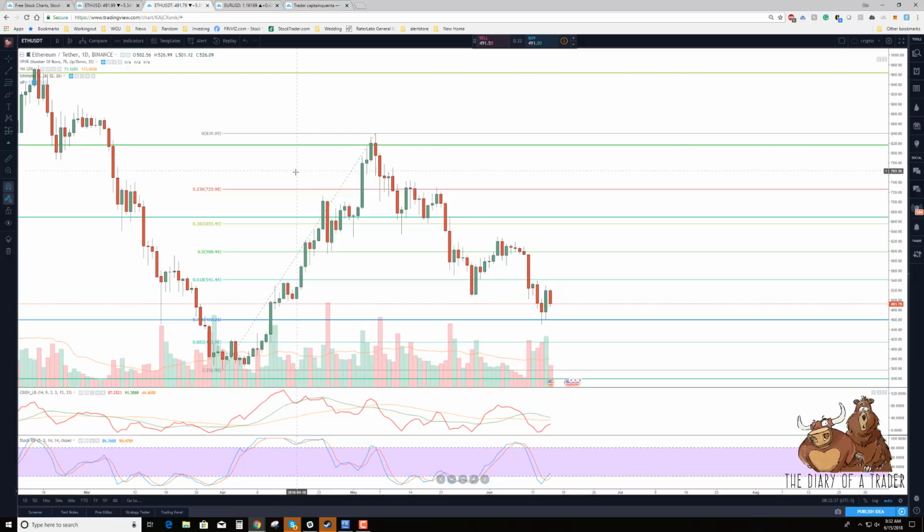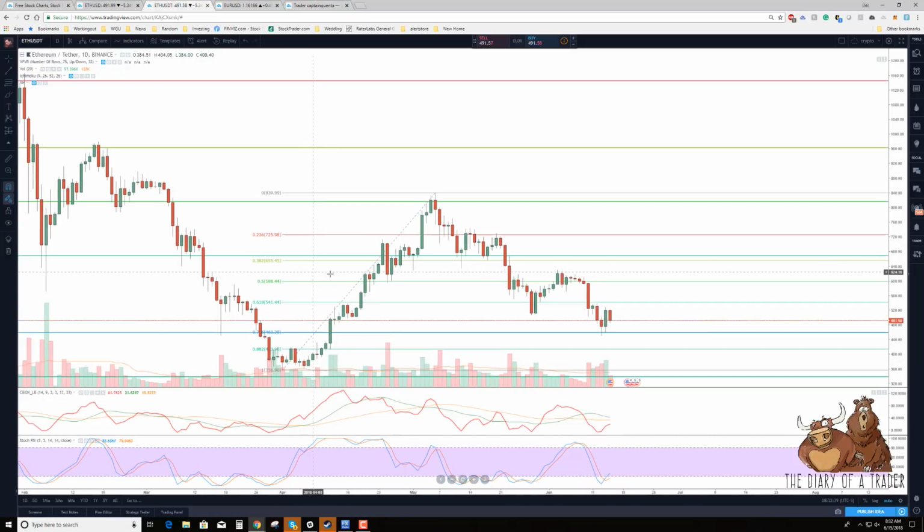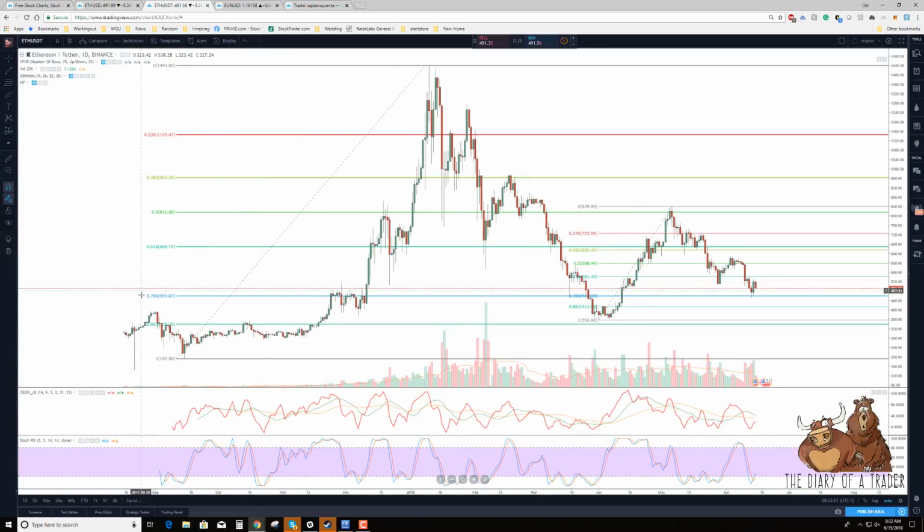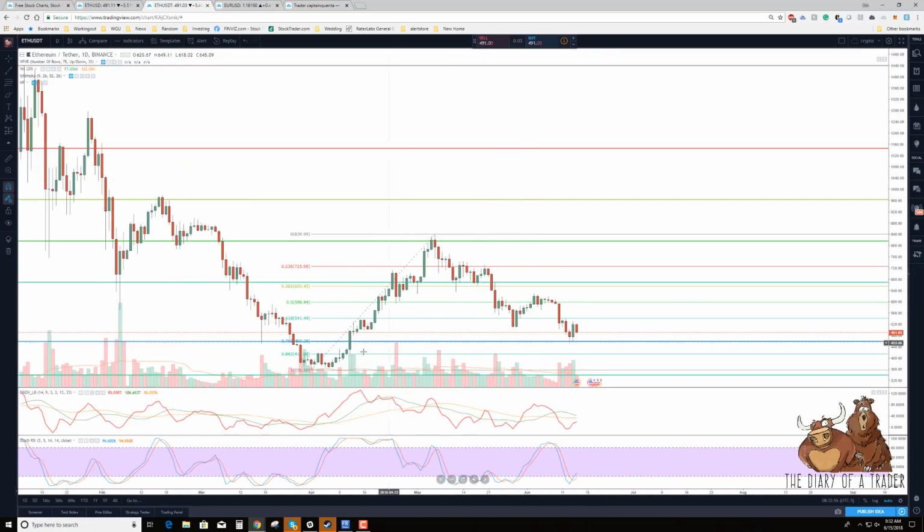Well, I see that there is something cool that happens, not very often, but when it does, it's a pretty powerful sign. Right here, this major swing, the 786 Fibonacci level, is the same as this swing low to this swing high.